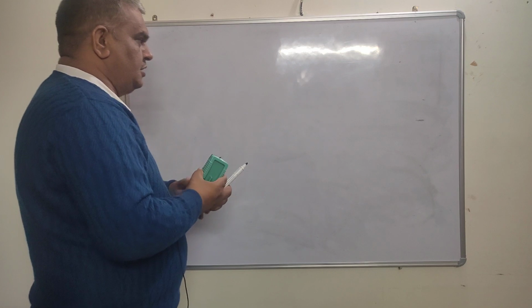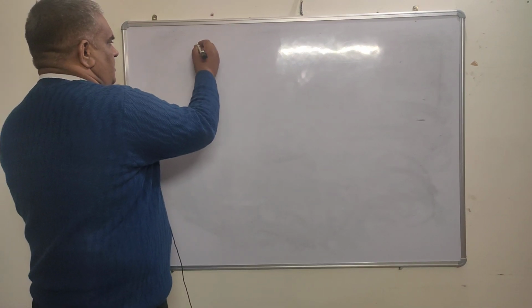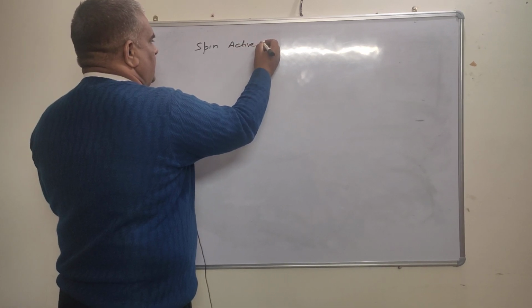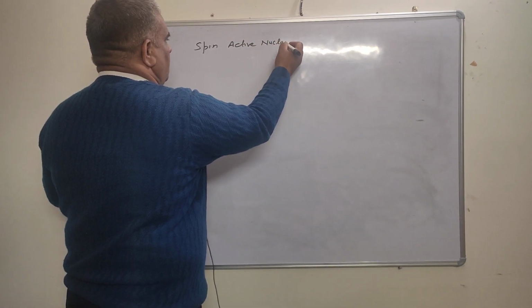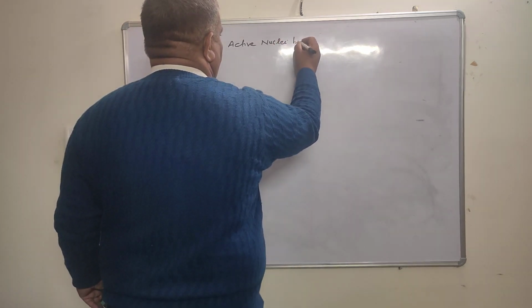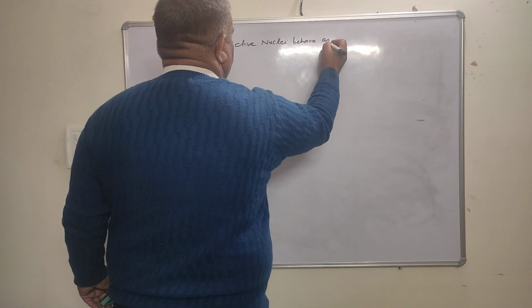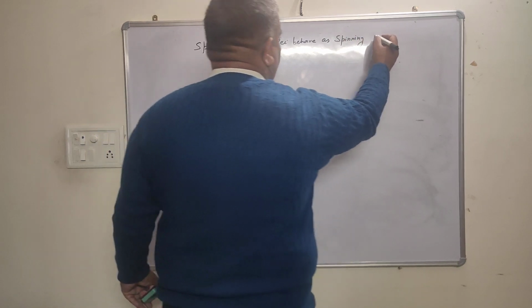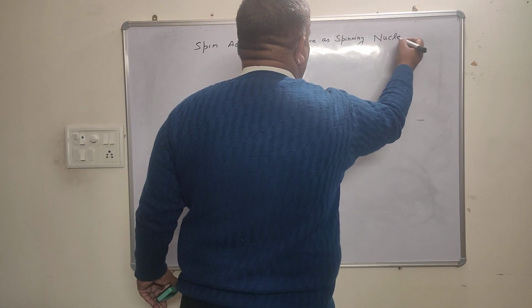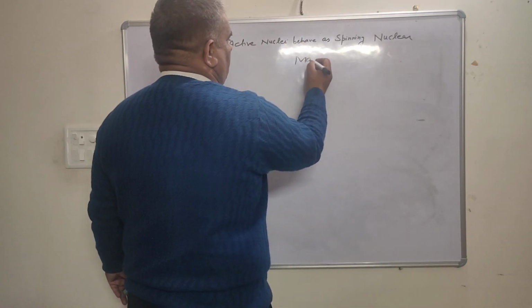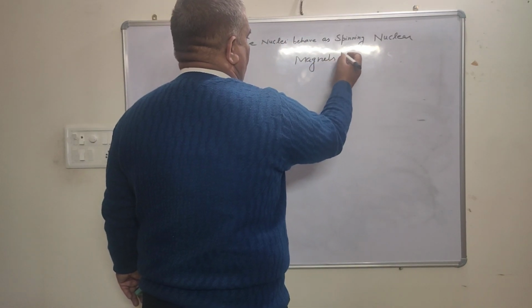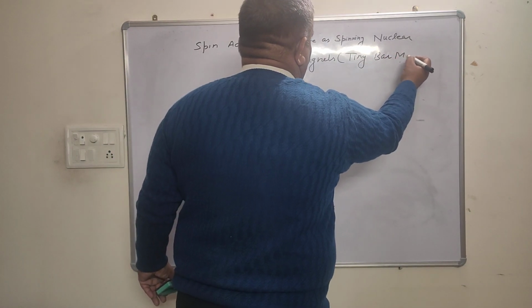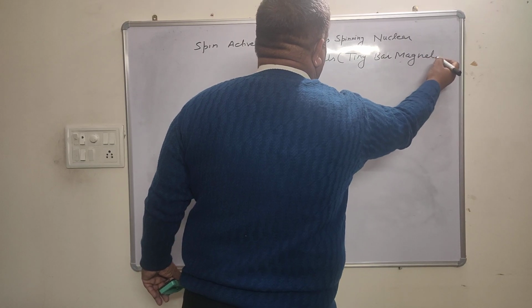Next is spin active nuclei. Spin active nuclei behave as spinning nuclear magnets, or tiny bar magnets.